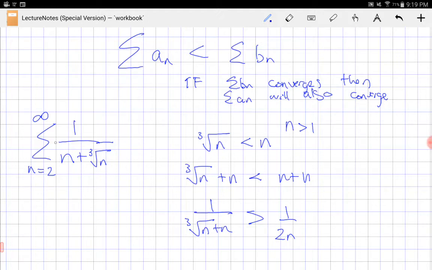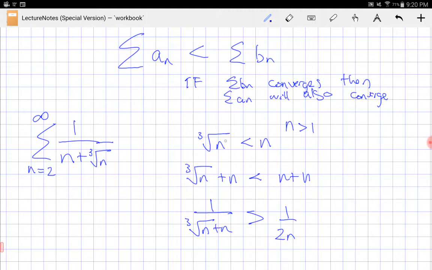So if the series converges starting from any index to infinity, then it'll converge starting from all values, given that the extra value is finite. So we know this holds for n greater than 1, so let's just start our index from 2 and check to see if it converges.